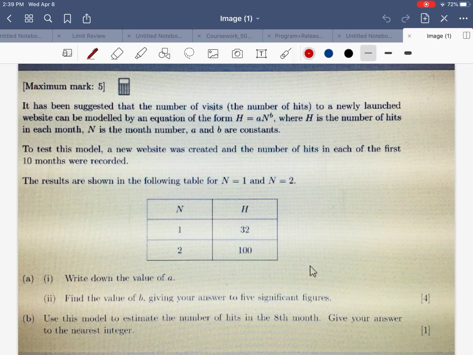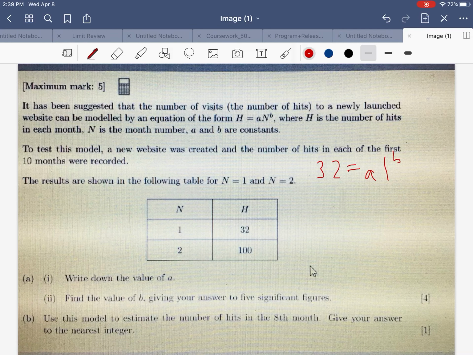The results are shown in the following table, where n is equal to 1 and n is equal to 2. Write down the value of a. So all we do is plug in what we have. So h is 32. It says a, that's what we're looking for. n is 1.